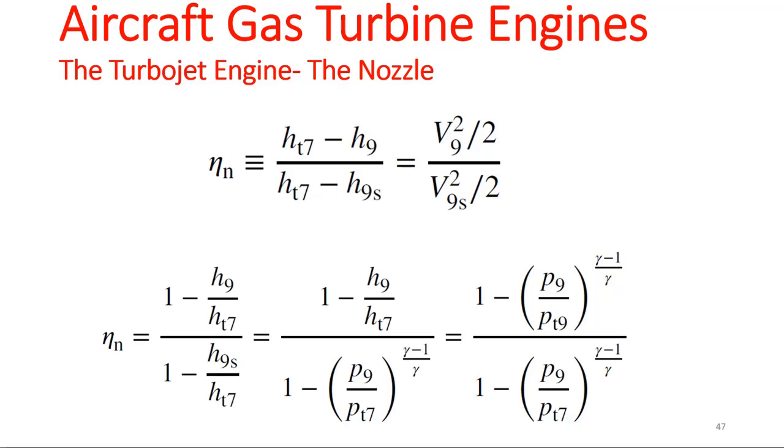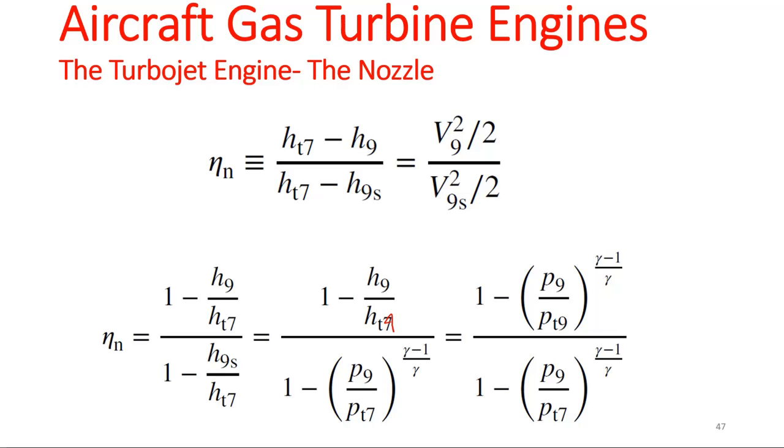No, this is not an isentropic process. But what we can say is that we can replace HT7 with HT9. So here it should be HT9, because the idea was HT7 and HT9 are equal. And we always know that going from a static to the total condition, we go through an isentropic process.